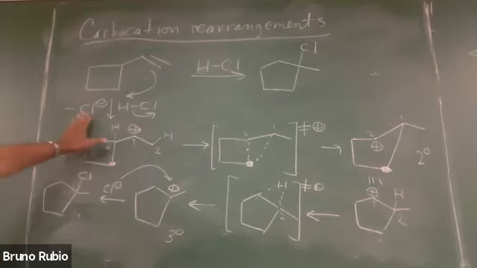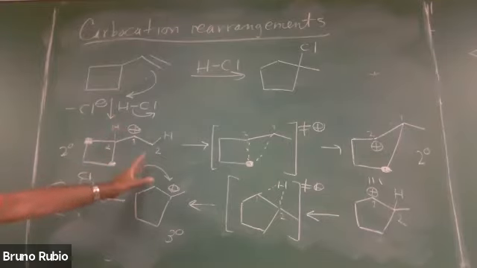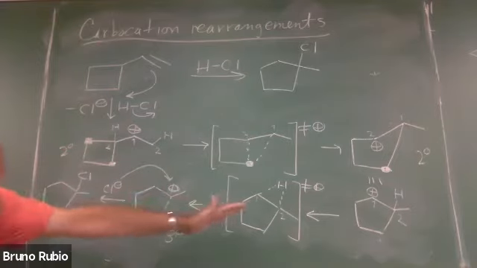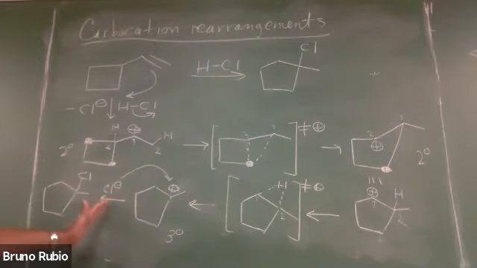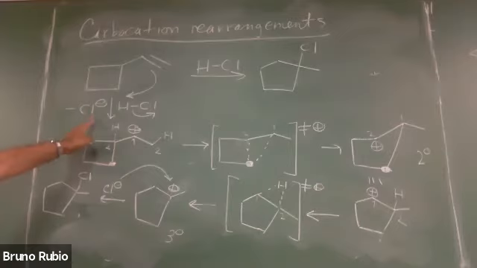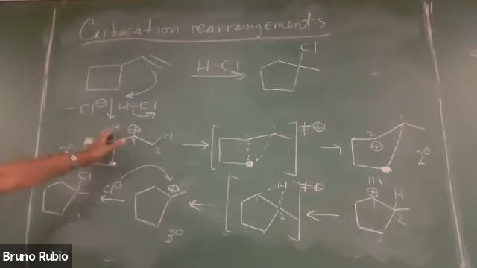Positive loves negative. There is an irresistible attraction of positive and negative. Yet, this carbocation does all of this rearrangement while the Cl minus is just sitting around in the solution looking for something positive to react with.